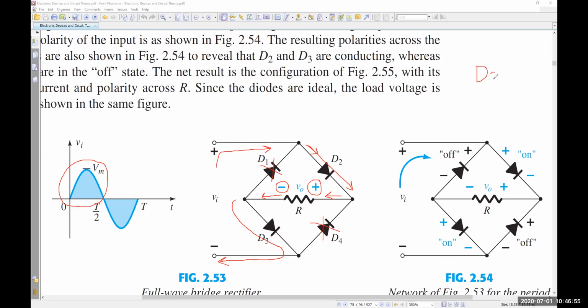So the only diodes that are being used are D2 and D3. That means positive half cycle. Let's write it: positive half cycle. In positive half cycle, D2 and D3 are conducting. That means they are active, right?